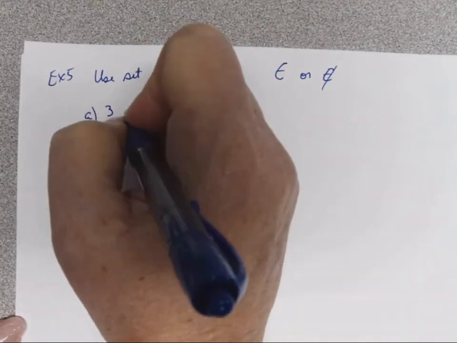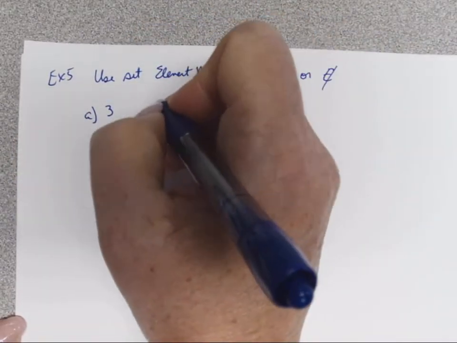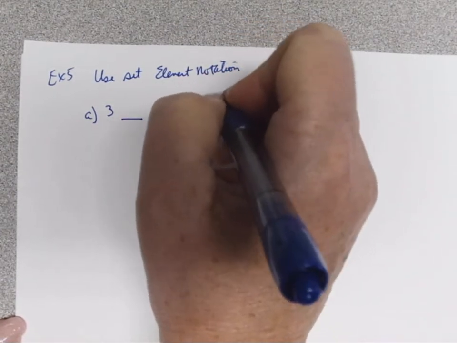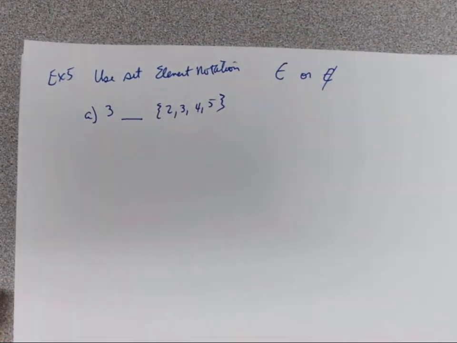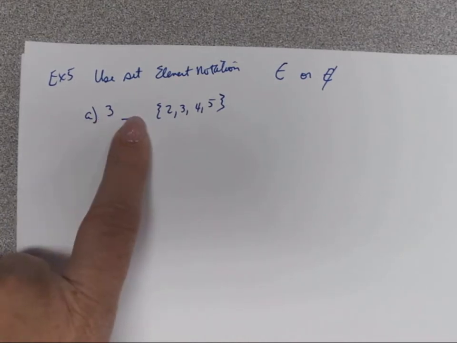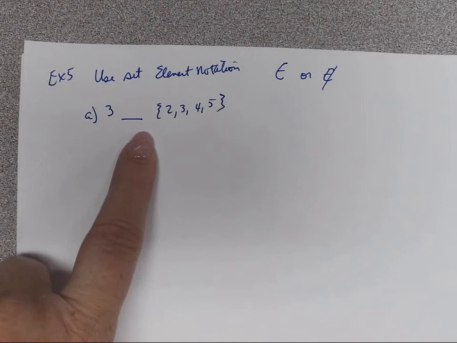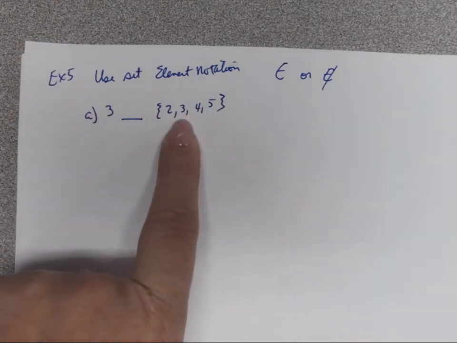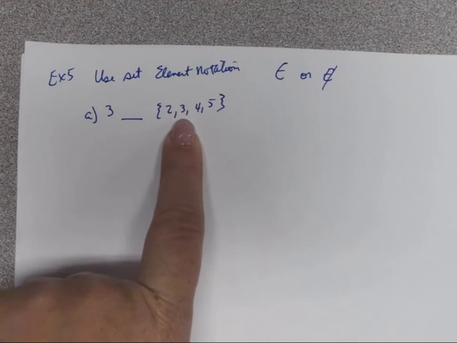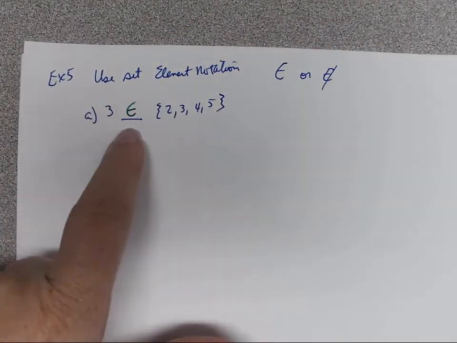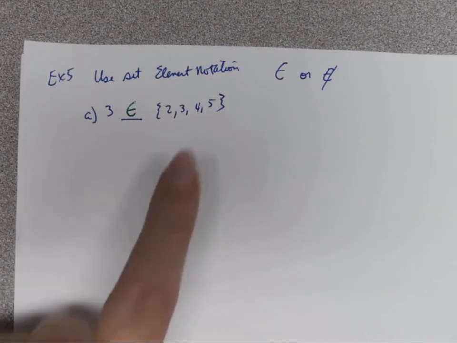All right, so part A, we have 3 with our blank, and we have 2, 3, 4, and 5. So we want to know, is number 3 an element of this set or not an element of this set? Well, I can see that 3 is actually in there, so that tells me that 3 is an element of this set.